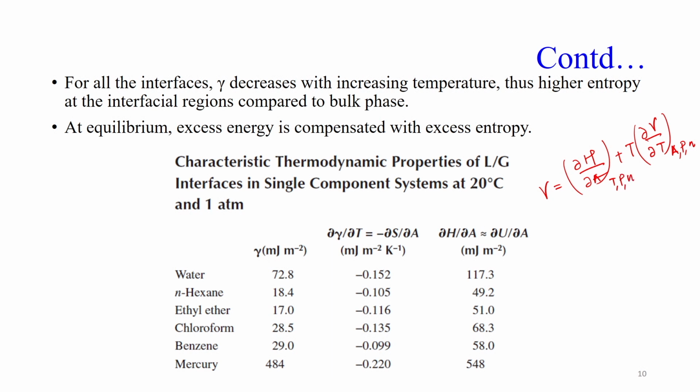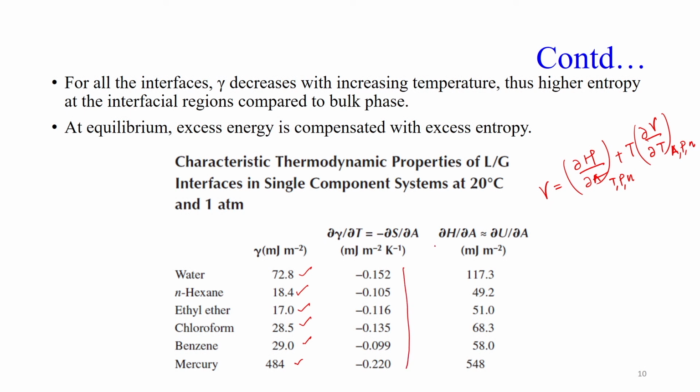Okay. So, here I have listed the characteristic surface tension of a few liquids. For water 72.8, n-hexane 18.4, ethyl ether 17, chloroform 28.5, benzene 29, mercury 484, and correspondingly the slope of surface tension with respect to temperature.